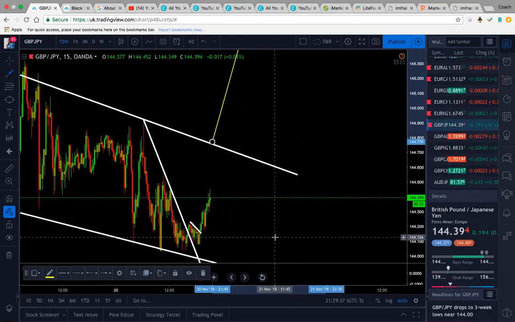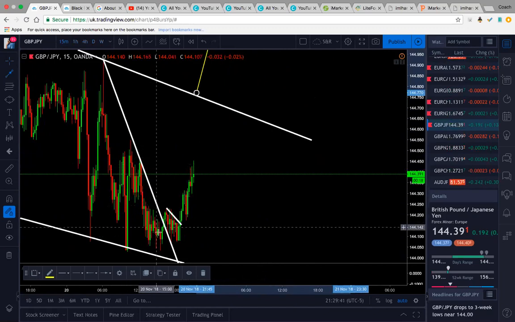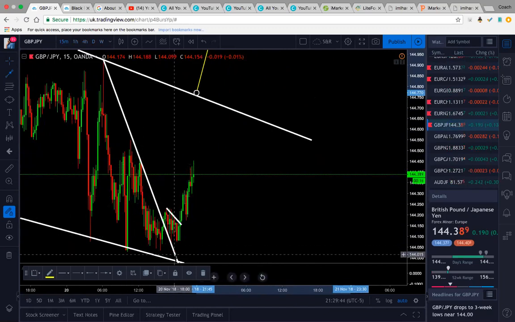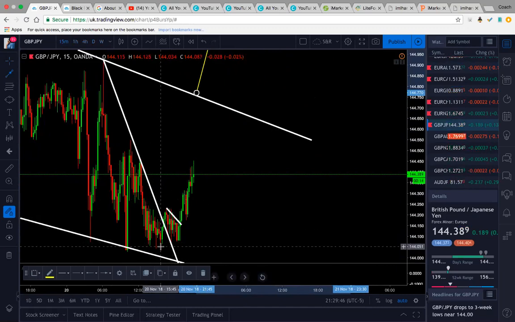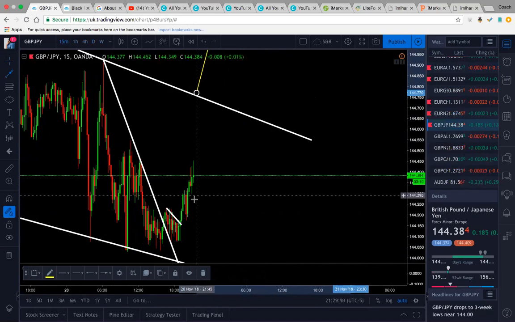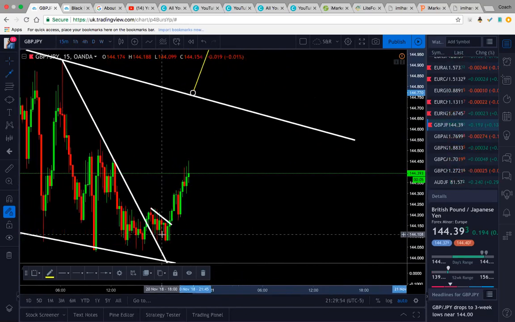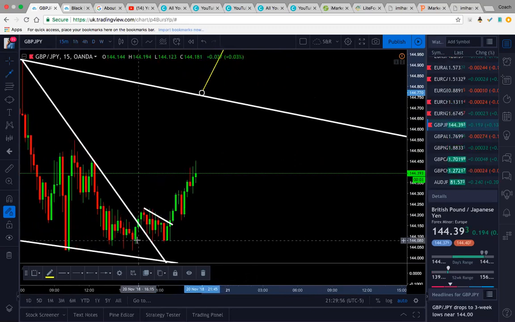But so far, if you're in my trade that I sent out today, I would have sent this out when price was actually respecting this trend line. And I told you guys to wait for price to move off and actually break this structure and head towards the upside. So you would have had the impulse move. Again, let me explain what the impulse move is for some of you guys.